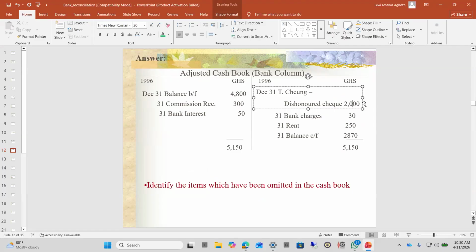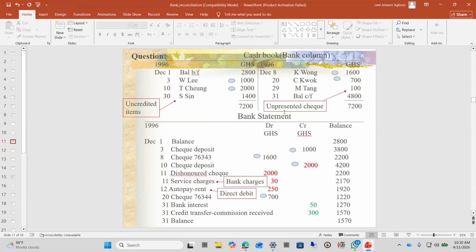Yes, please. Anything you bring to the credit side of the cash book, you are subtracting or reducing. So the check that they gave us, when we received it, we debited it.